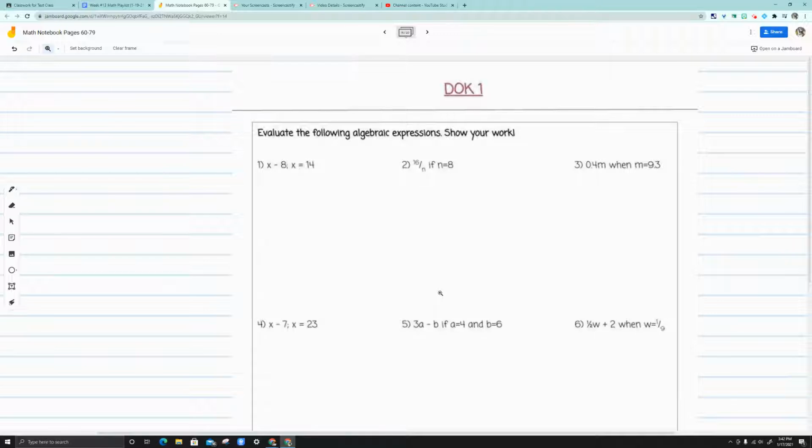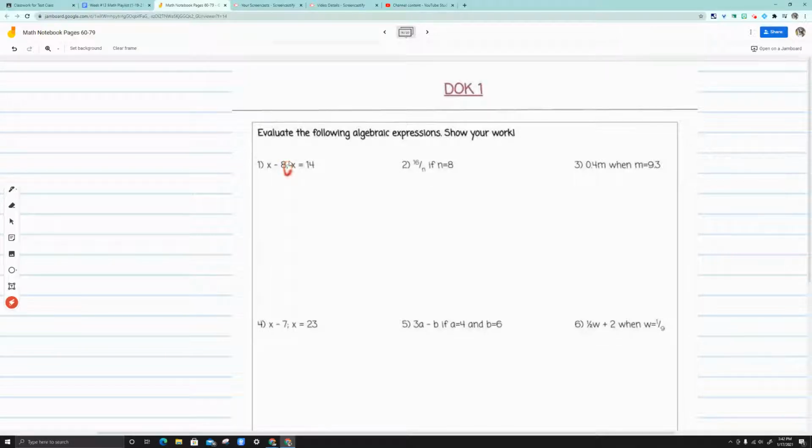So let's take a look at number one and start off with that. Like I said before, we are evaluating these algebraic expressions. We're going to show our work. It says x minus 8 and x equals 14. Students in the past have gotten confused with this little symbol here. This is a semicolon. A semicolon is used to just separate ideas in a sentence.